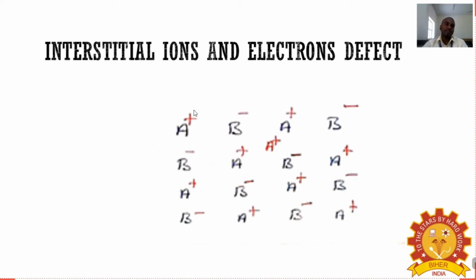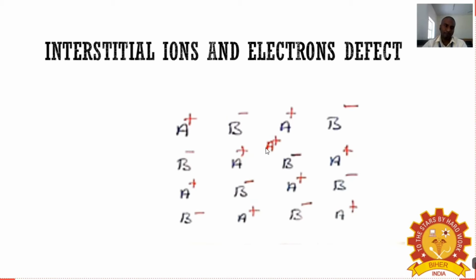Next one is interstitial ions and electrons defect. In this type of defect, one cation is present in excess. Here A plus is present in excess. Due to that, a crystal defect is formed.